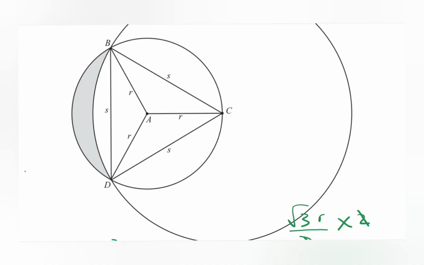So here I'm just trying to see which one we can call our whole shape and which one we can call our unshaded. So if we look at this, we could say this is our area of whole shape, right? Area of whole shape, and from there we subtract area of unshaded, which is this in red, to get area of the shaded.